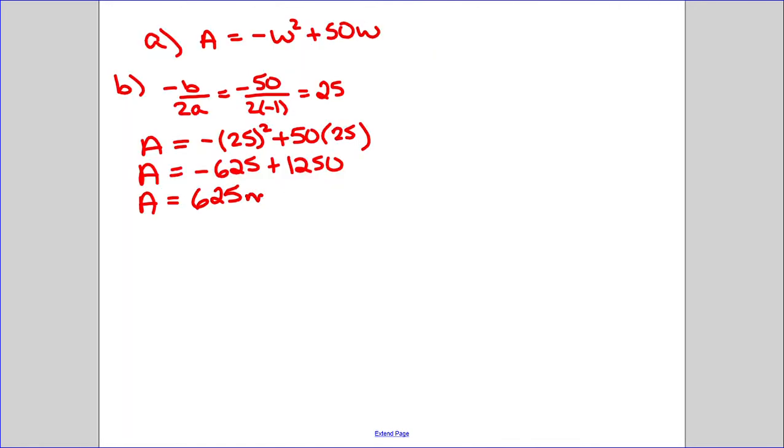So I've got meters squared there for my unit. And my W would be my width, so 25 meters here.